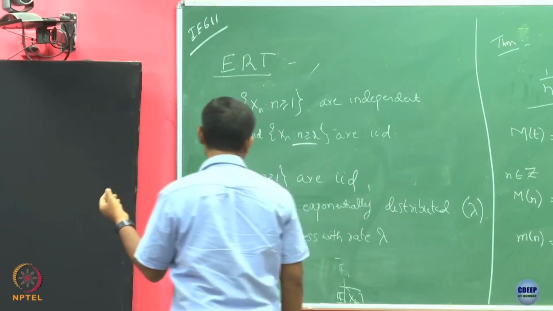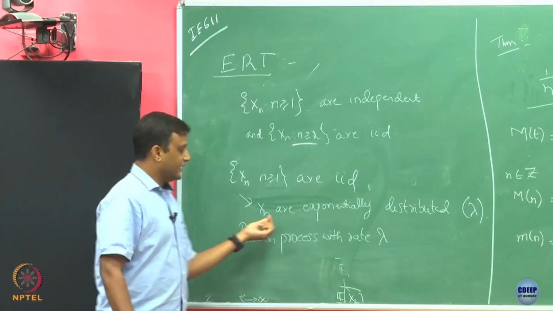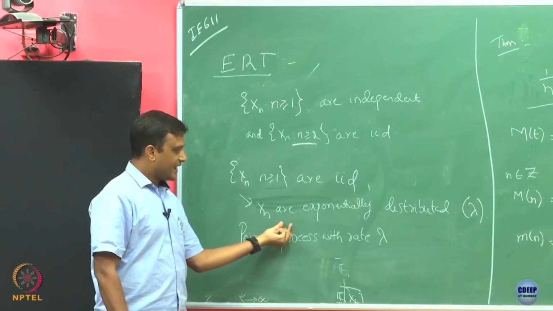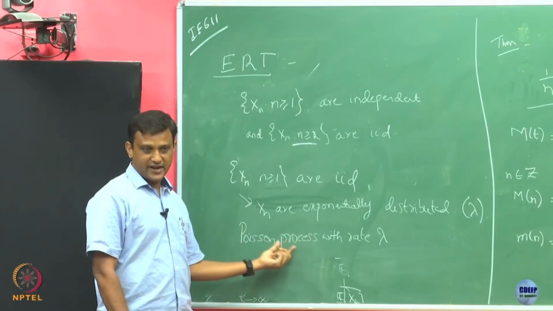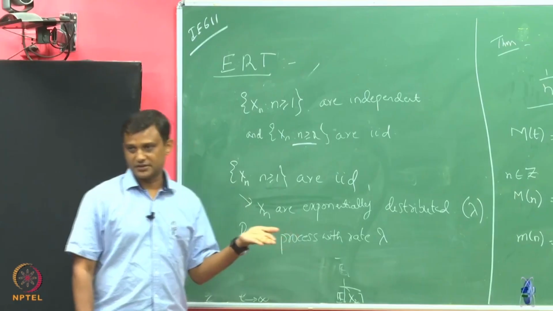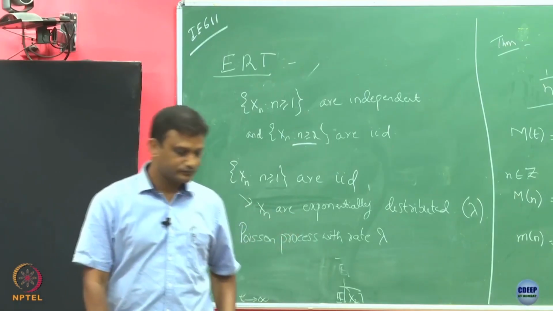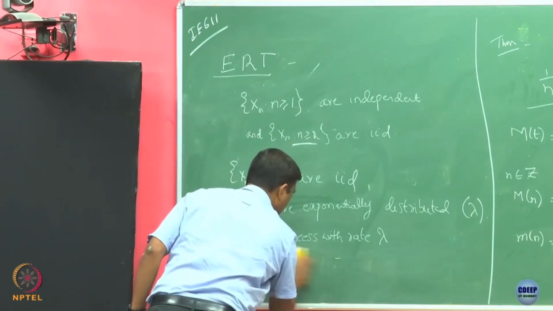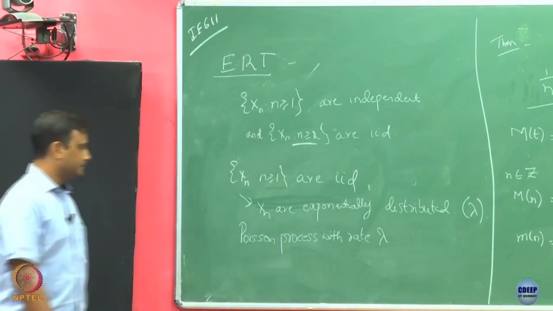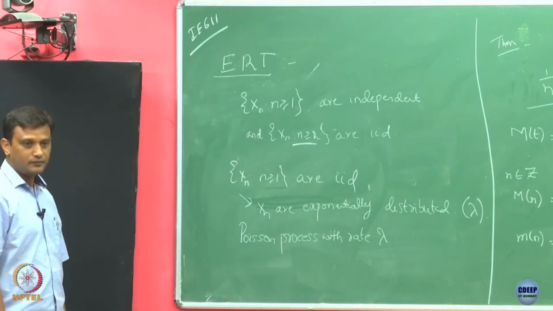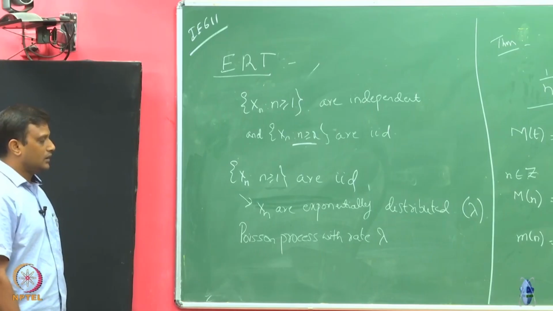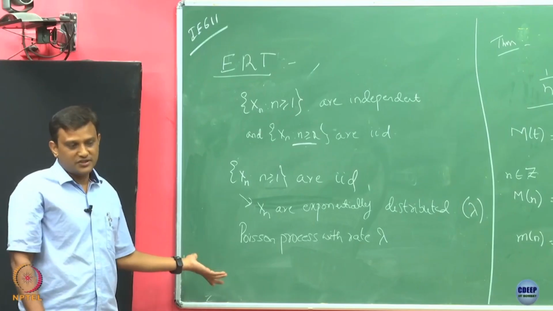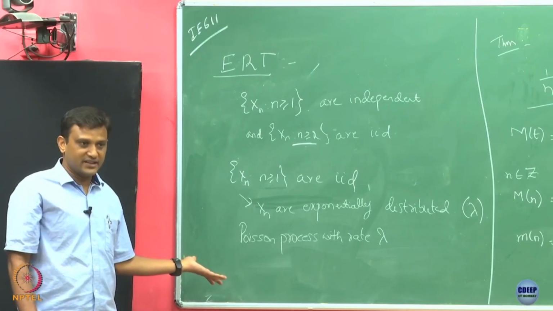But also it is counting something that is discrete, and the inter-arrival times are all exponentially distributed, and this exponential distribution is again a continuous random variable. So the Poisson process is also a kind of renewal process in that sense, right.